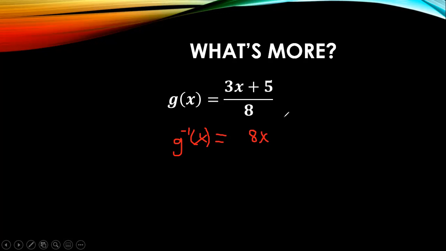x. Next na operation, positive 5. Okay, magiging minus 5 yan. Kasi nga ang inverse ng plus ay minus. All over, okay, yung 3x multiplication yon. So si 3 magiging nasa baba. Madi-divide na siya. Okay po.